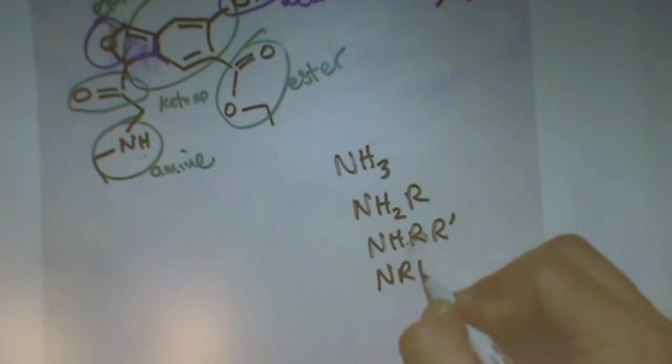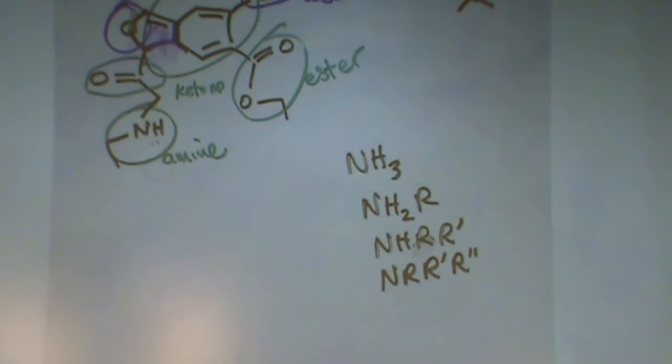Or it could have 3 R groups on it. Those are all amines. So it doesn't matter the number of hydrogens or the number of carbon groups. I know in the original example it just showed you 1, but R groups and H's can be interchangeable. Amines. Good, glad you asked.